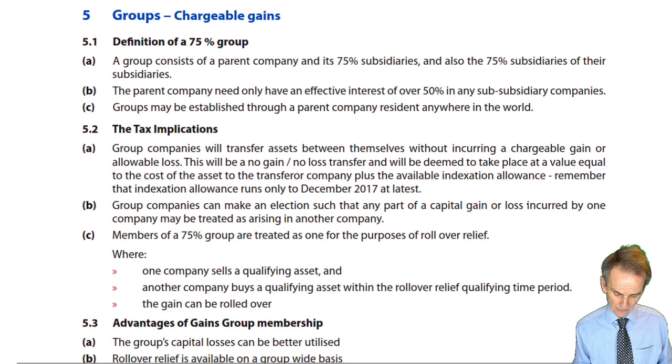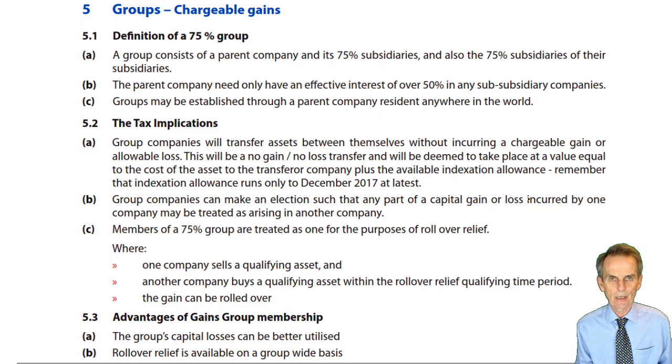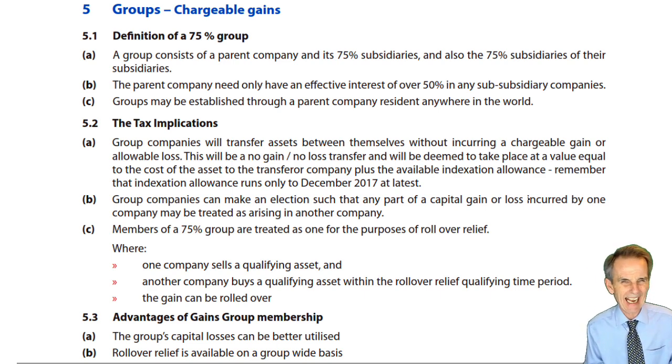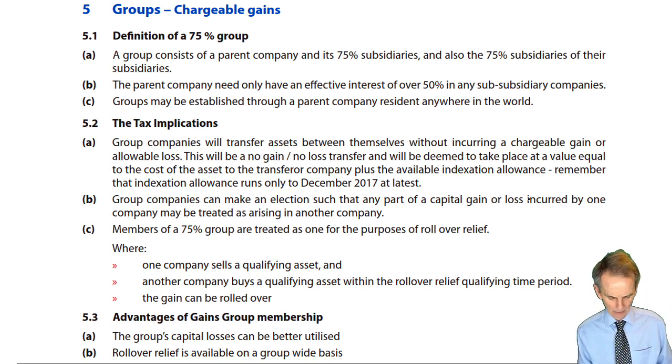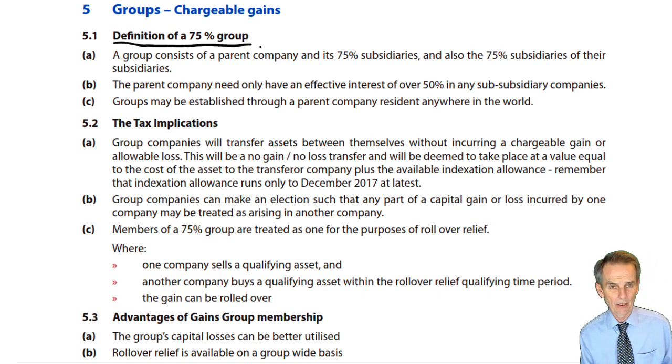But there is one final and substantial area, but probably not as substantial as the issues and the mechanical work that we had to do with group relief, that deals with chargeable gains groups. Now, as ever, the first thing that we'll have to do is to define what we mean by a 75% group, and that only gets interesting when dealing with indirect sub-subsidiaries.